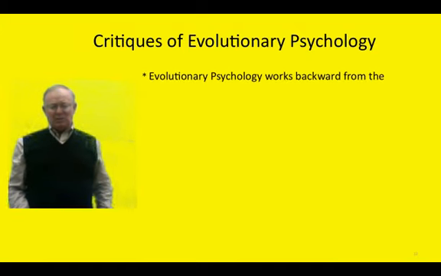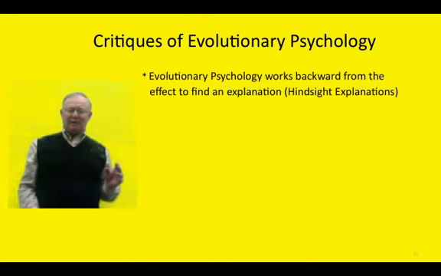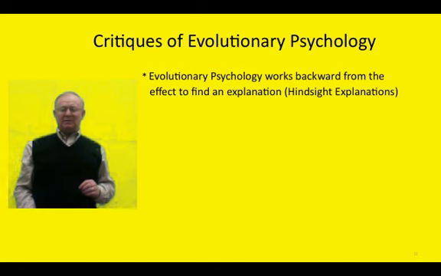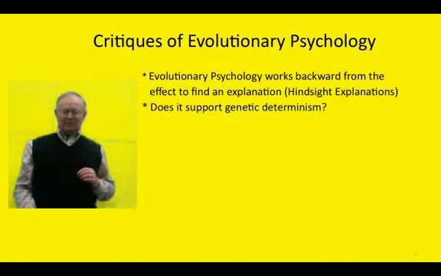Evolutionary psychology works backwards from the effect to find an explanation. It's sometimes called hindsight explanation. It's very hard to run a true evolutionary study. Does it support genetic determinism? This is not a trivial question, especially in the field of ethics and morality.